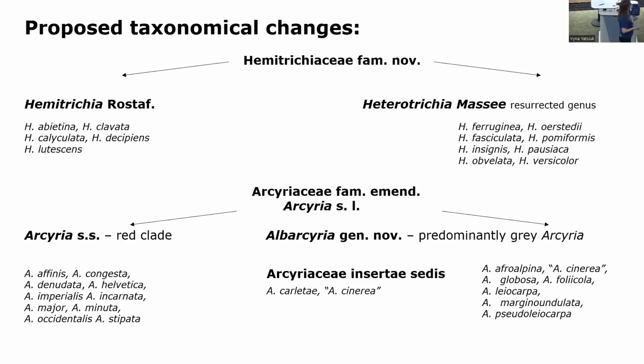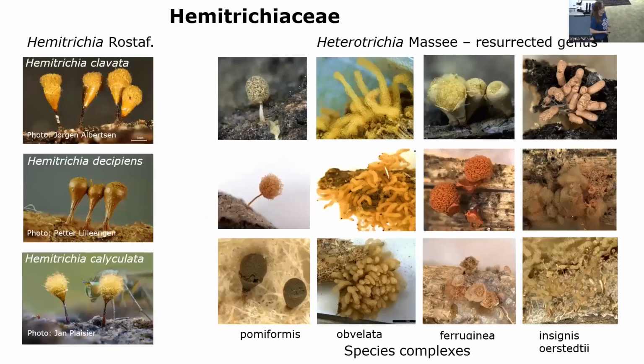So there could be a decision to have one genus, Arcyria, because they are not red, they are gray or white, or possibly to have two genera. But we will figure that out in the near future. As for now, we will propose definitely to have Arcyria, and this other clade of gray Arcyria is still in Ceratiomyxa. So let's see the examples and let's see the morphology.